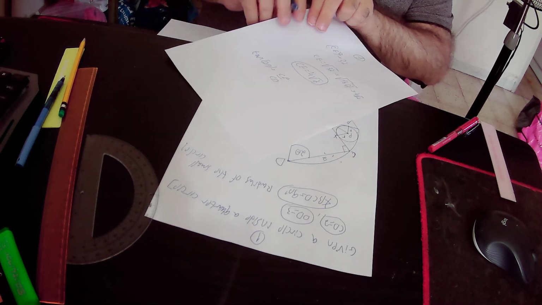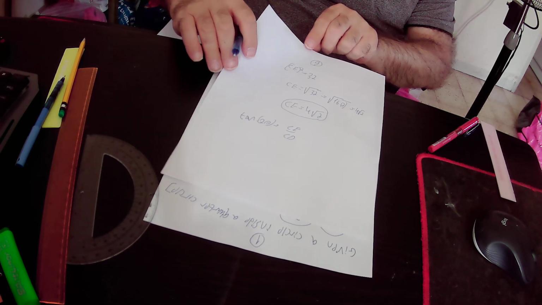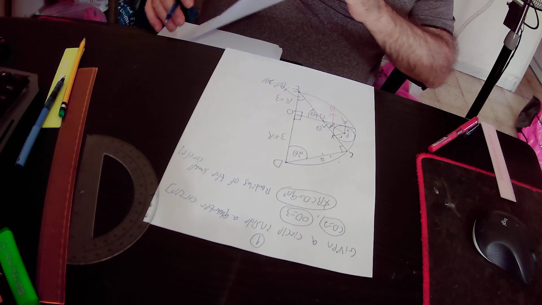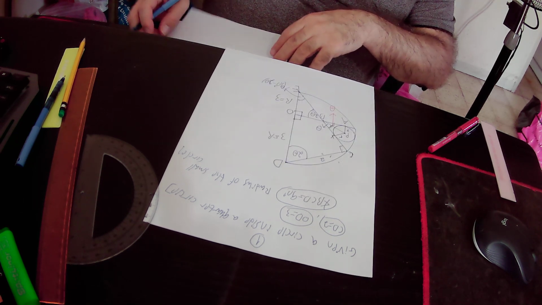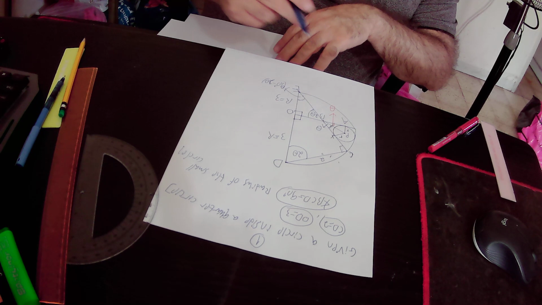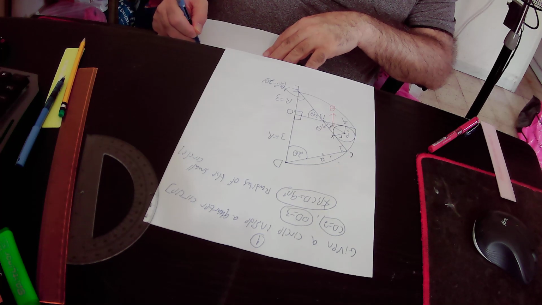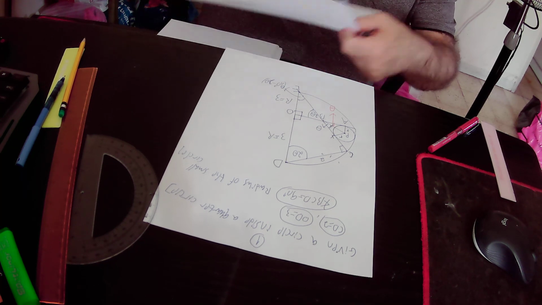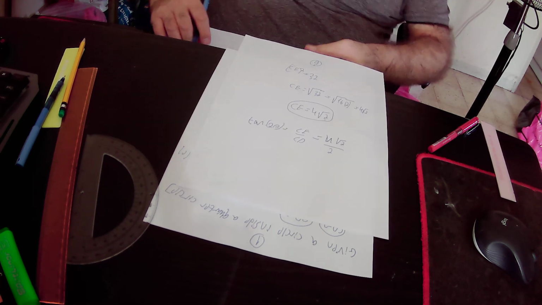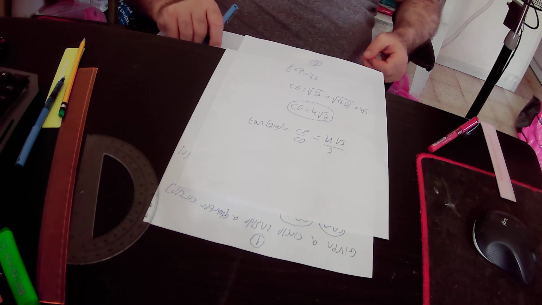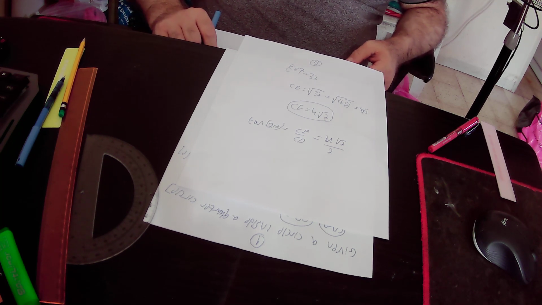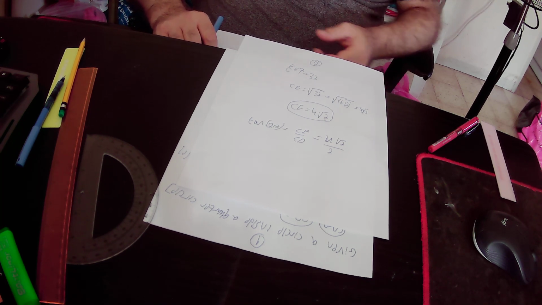We have already found out that CE equals 4 times root 2, and CD equals 2. So we found out that tangent 2 theta equals 4 times root 2 over 2. 4 over 2 is 2.